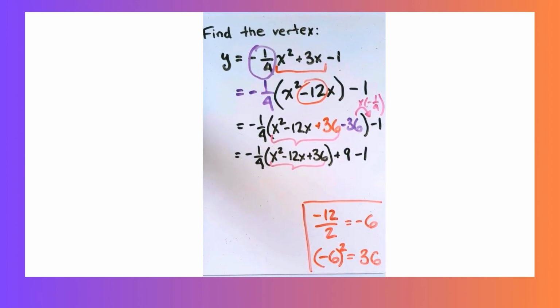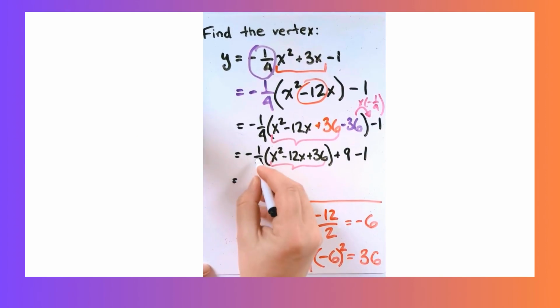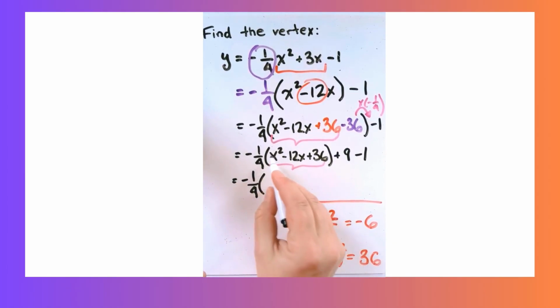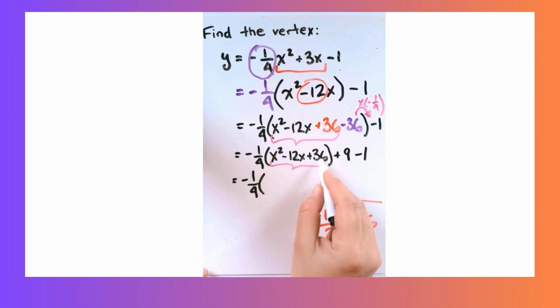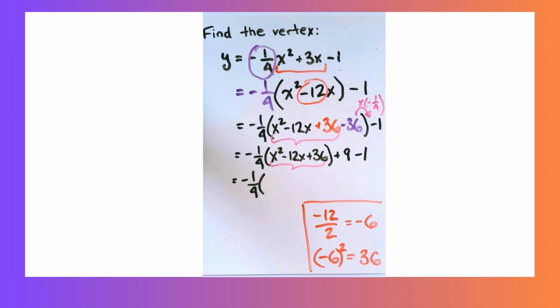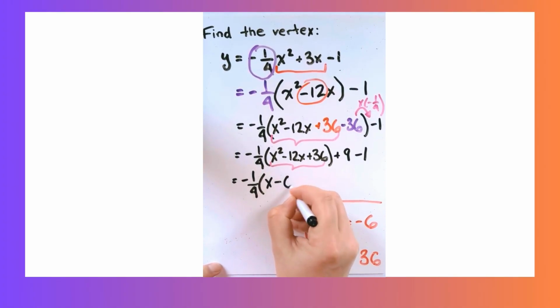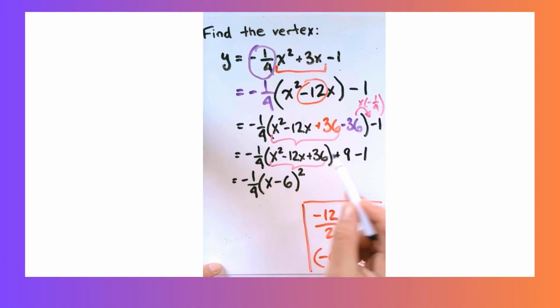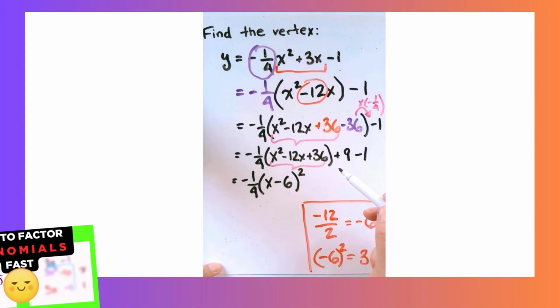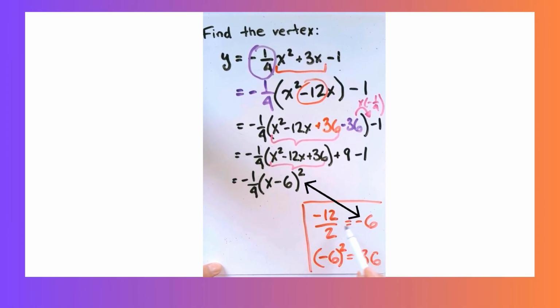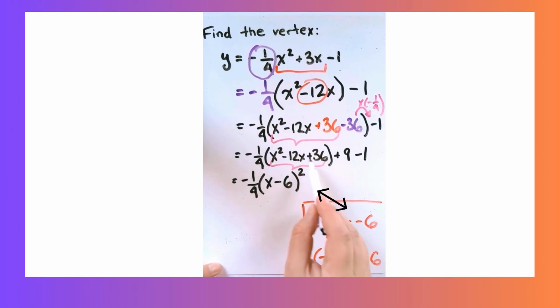And it's going to look like this. So again, that a value is still in front, -1/4, and x squared minus 12x plus 36. If I factor it, I would get x minus 6, close the bracket, squared. Now, how did I get this? Well, I can go through the whole factoring method, but really, because I put in the work here, I know that it's going to be x minus 6, because if I were to expand this back, I would get this expression.